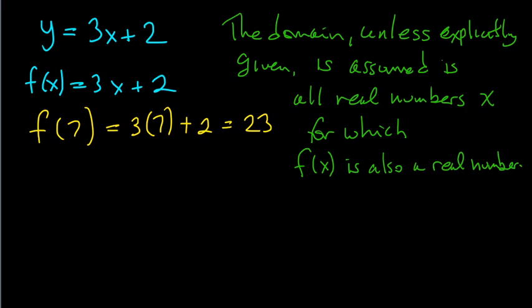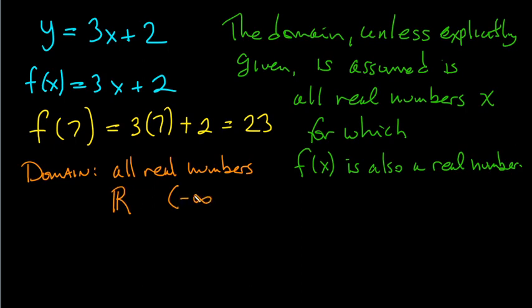Okay. So for this function, f of x equals 3x plus 2, there's nothing that can go wrong here. The domain is naturally going to be all real numbers. So you can use this capital R for all real numbers, or in interval notation, it's just all real numbers from negative infinity to positive infinity.